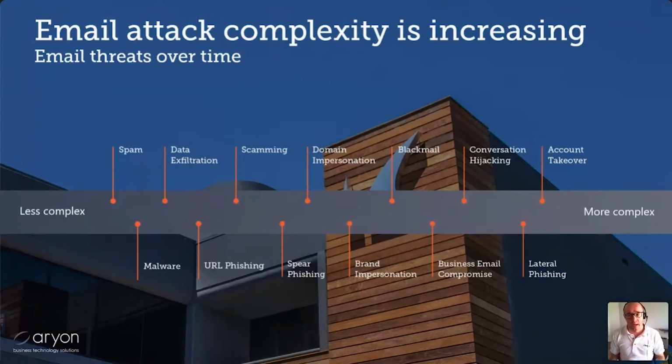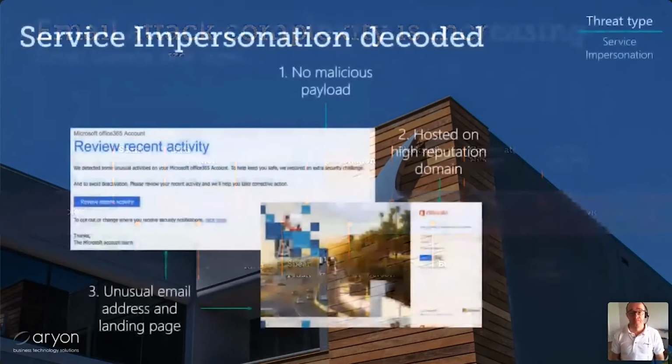A lot of those things in the early days had really common or easy to spot markers that we could use to block them. But obviously that's evolved over time. The malicious actors that do this sort of stuff have also evolved with that. And they're getting to the point now where some of the attacks they're crafting are extremely complex and becoming very, very difficult for a lot of email security providers to actually stop.